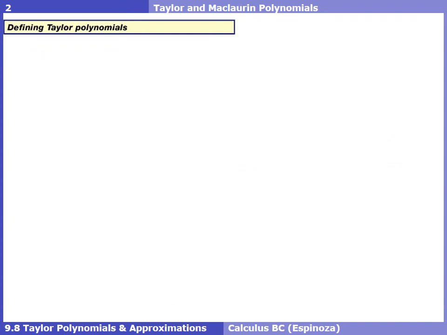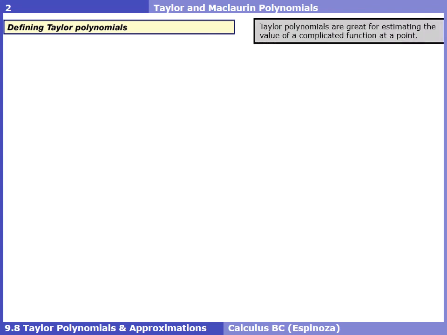Okay, so what is this polynomial called that we're going to use? Well, in 3.9 we used a tangent line, so it's called a tangent line approximation. The thing we're going to use in this chapter, and it's going to be a curve, not a tangent line, is going to be defined by a Taylor polynomial. So what is a Taylor polynomial? Well, a Taylor polynomial is the thing that we're going to use to evaluate complicated functions at certain points.